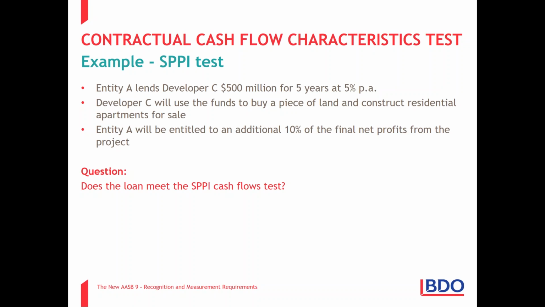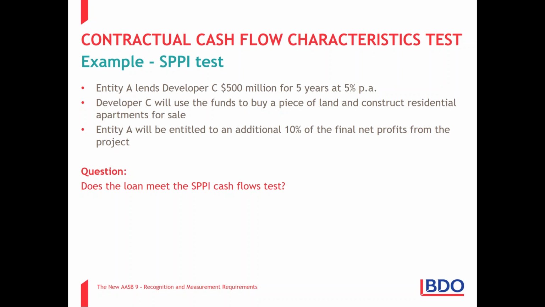Entity A will be entitled to an additional 10% of the final net profits of that project. So remember, entity A has this loan receivable from developer C. They will get the 500 million back, they'll get interest on the 500 million, and they'll also get 10% of the final net profits.